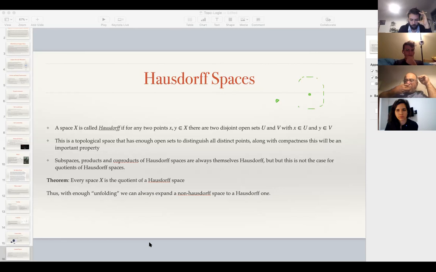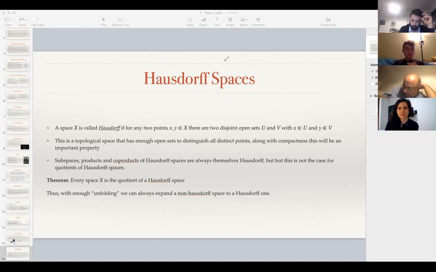Yeah, Hausdorff means for any two points you have in the space, you can draw a circle around them, and actually that's what you said here, right? There are two disjoint open sets, U and V. So that means they belong to different open sets.